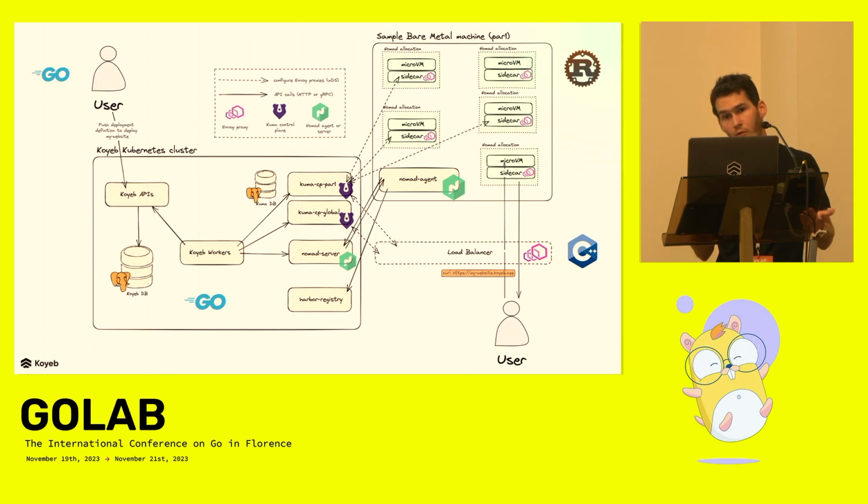If you go to a public URL, the load balancer is Envoy, which is written in C++. It's configured by Kuma. For each micro VM, you have a sidecar which is processing the traffic, which is again C++, and the micro VM is in Rust. So you see exactly this division: Golang for automation and scaling the configuration part, and high performance on the right with Rust and C++.